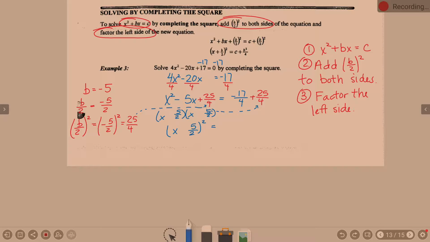Now, if these 5/2 have to together multiply to be a positive and add to be a negative, what do we know about the signs? Both negative, which is why we can say x minus 5/2 quantity squared. Now, I'm going to tell you guys, it's pre-calc. Normal situation, I'm not going to write that side-by-side view.